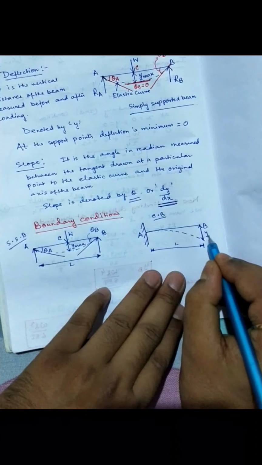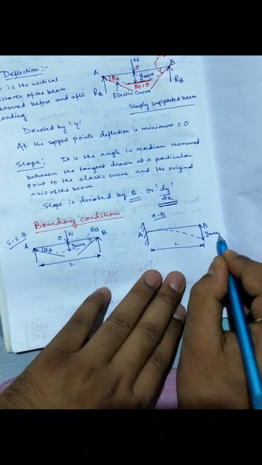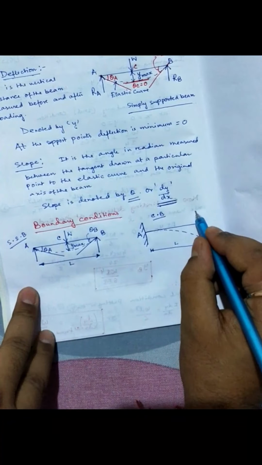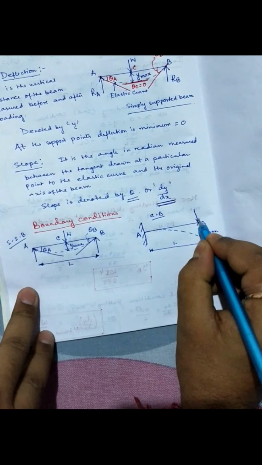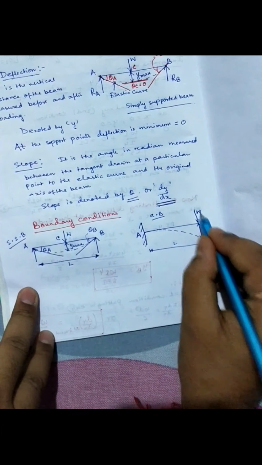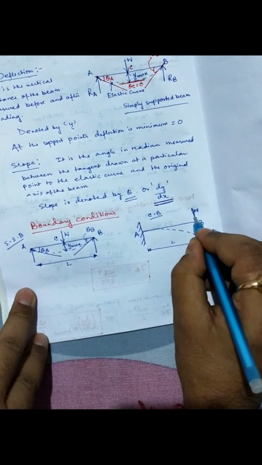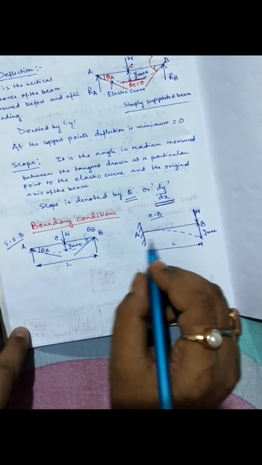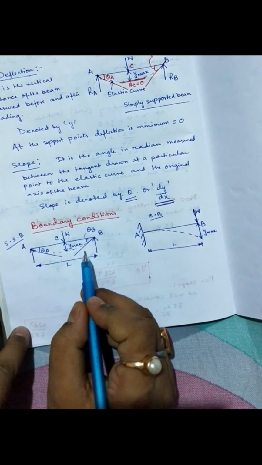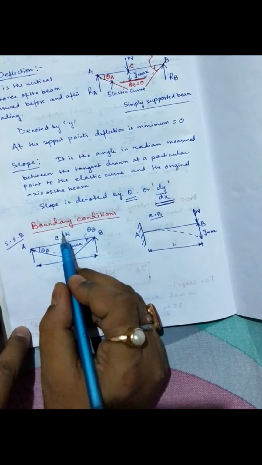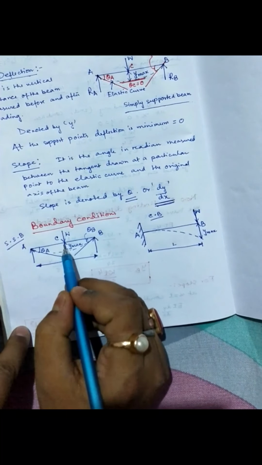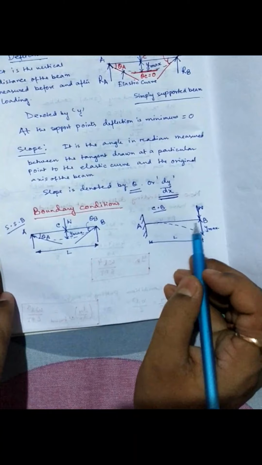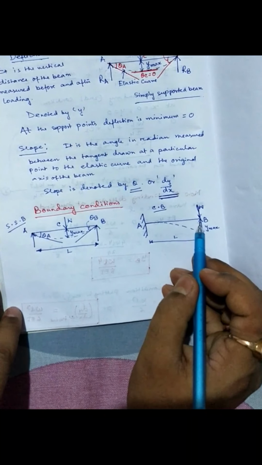So Y max, you will get it at the free end. And obviously the vertical load will be acting here at the end. So deflection in case of simply supported beam, if the weight is at the midspan, and deflection in case of a cantilever beam if the weight is at the free end of the beam.